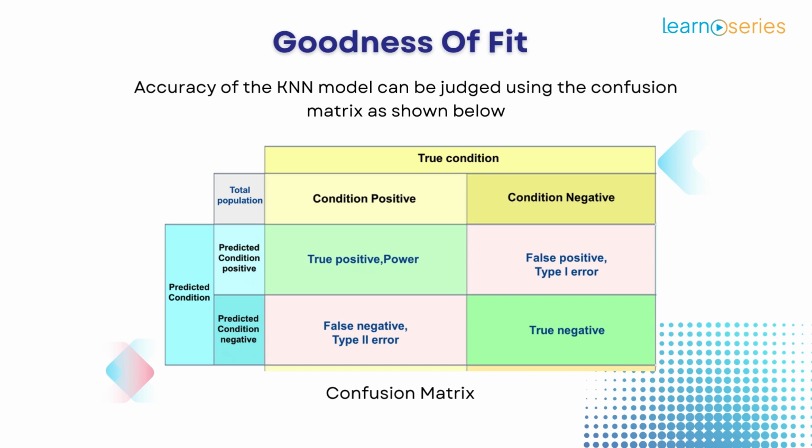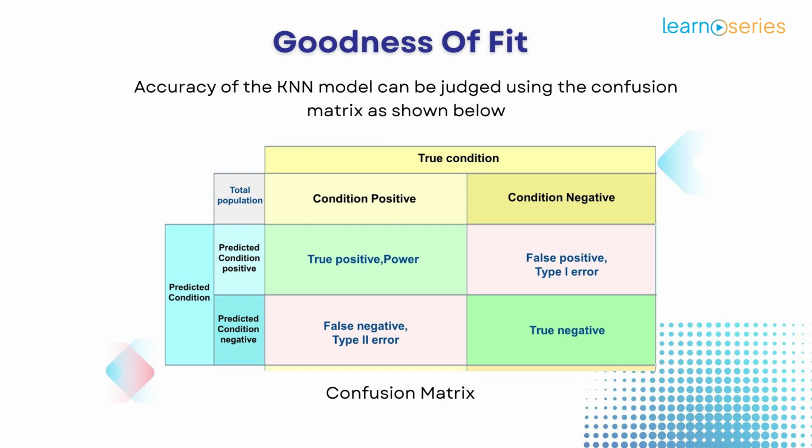This matrix, I think we have seen it yesterday, the same thing, the confusion matrix. As I told you, true positive is when the prediction is positive and the true condition is positive. The last quadrant is the true negative, when your prediction is negative and your true condition is negative.